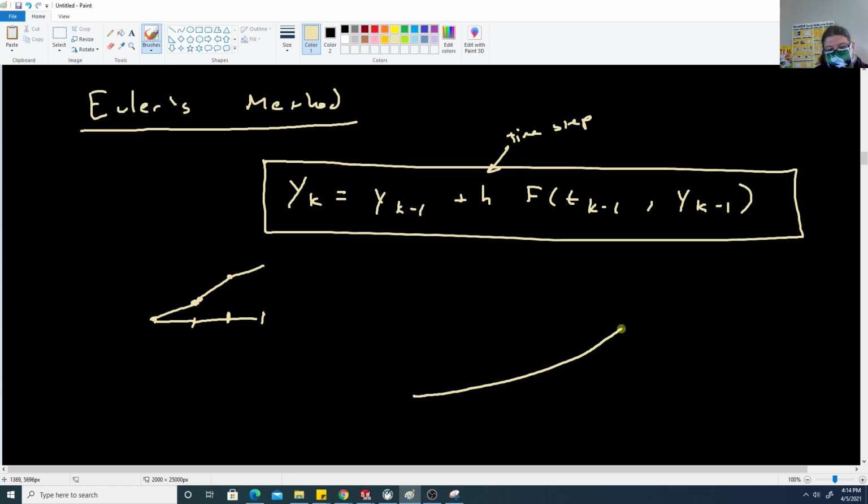What it would kind of look like is if you had a curve like this, you would be approximating the curve by taking little steps, and each time you get done with your step, you reevaluate what direction you want to go. And so you're trying to approximate the curve by a whole bunch of small line segments. This one's easier to see with an example how it works. So we're going to do the Euler's method example here.